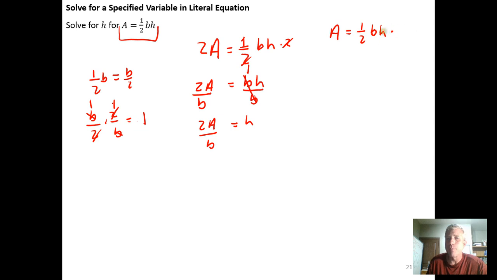So we could have just multiplied by 2 over b on the right-hand side, which would mean that we needed to multiply by 2 over b on the left-hand side.